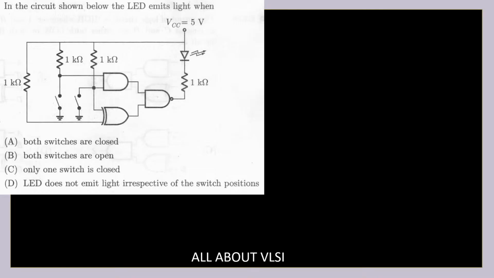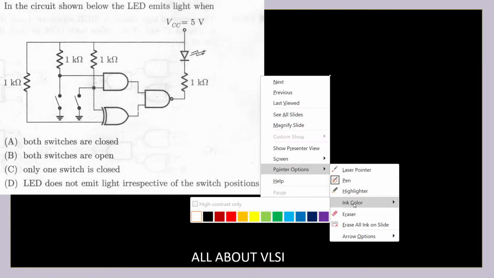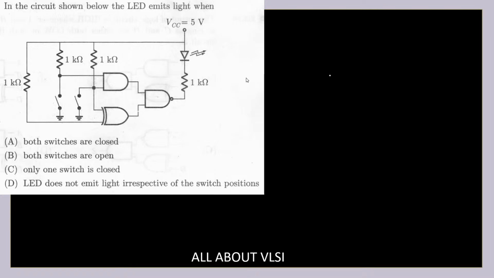Let's see for it. Now, here I'm going to have, where is my pen? Let me change the color. So here my output VCC is equal to 5 volts. And if I want to glow this LED, I should provide high voltage and here I should get low voltage. That means NAND gate output is basically 0.